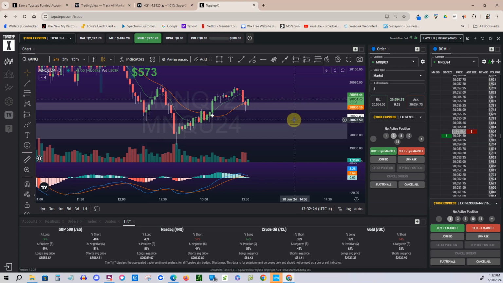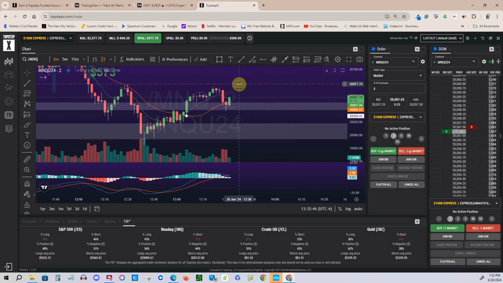Even though that's in a simulated environment, with the XFA accounts this is where you can actually earn real money. So all the trades that you've seen this week on the Discord that I've posted have been on my XFA accounts, which are real money trades that I can withdraw into my bank account.